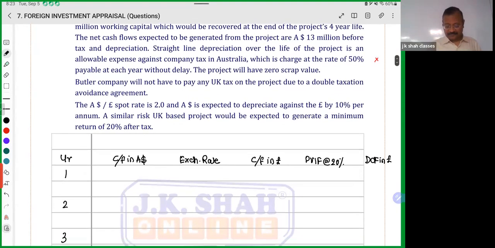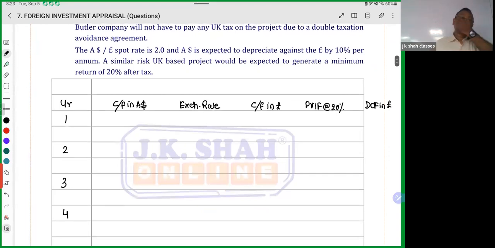कितना है फर्स्ट ईयर? हाँ, 4,87,500. How is that?